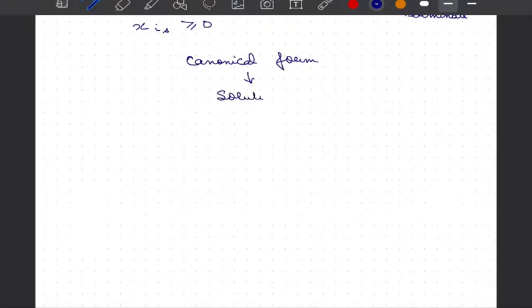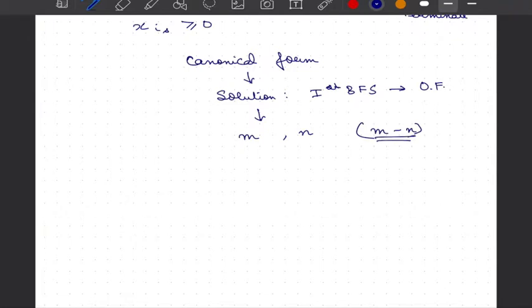That would be our first basic feasible solution, and we can calculate the value of the objective function corresponding to it. Then we will learn a rule to go from one basic feasible solution to another basic feasible solution. The number of equations is not going to change. The number of variables is not going to change. So the number of variables that we have to declare equal to 0 is not going to change.